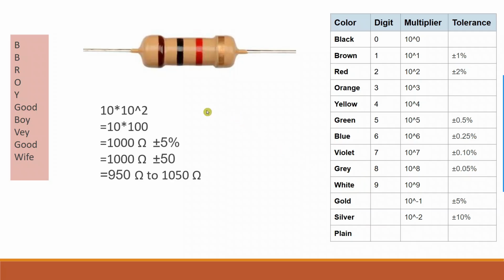Now we'll calculate how to find the resistor value using this color code. The question is, from which side do we have to start, the left side or the right side? For that we have to see which color has more gap.